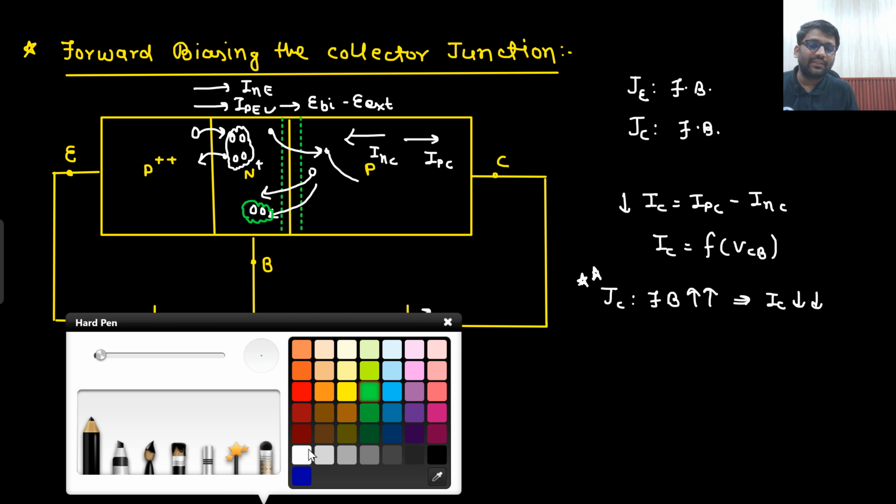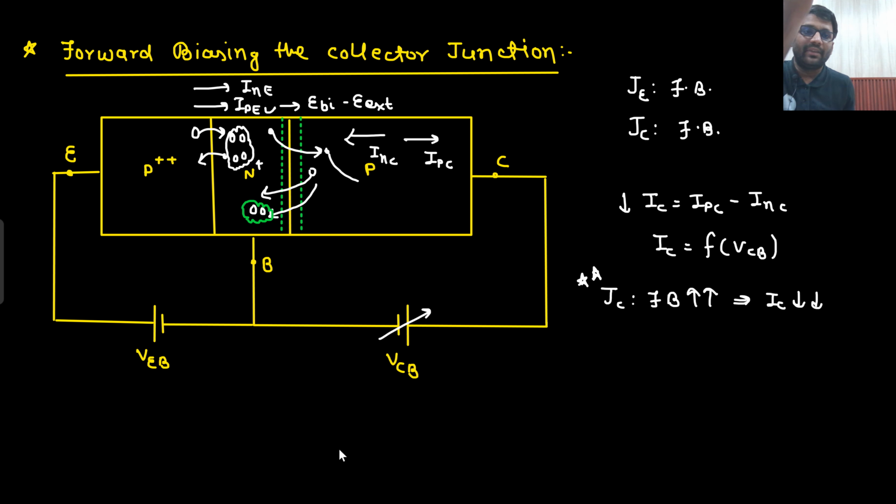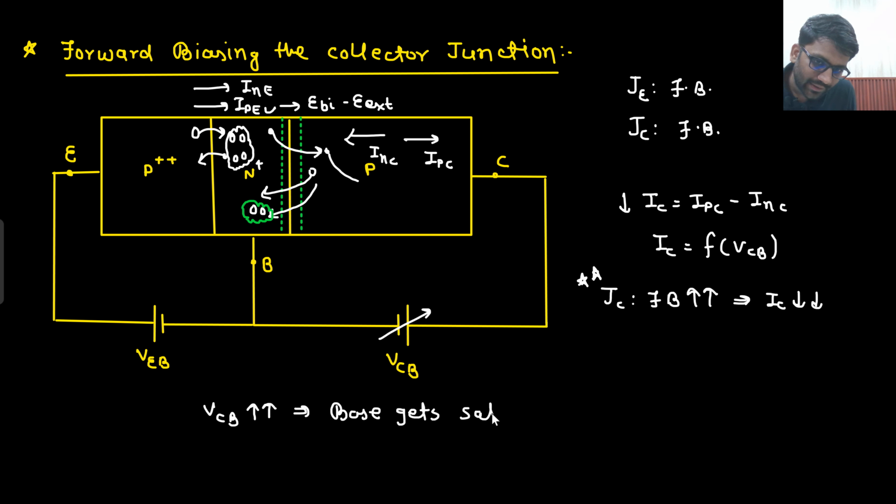That means the concentration of holes has increased in the base. As you increase VCB, the base gets saturated with holes. So in the base, a lot of holes will get into action.